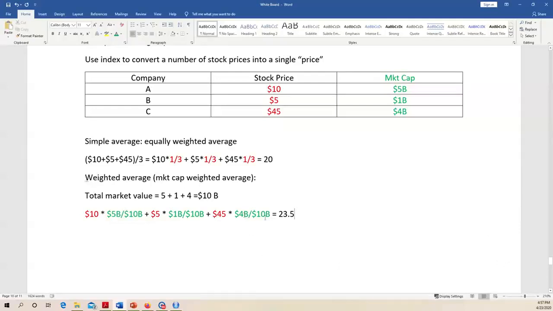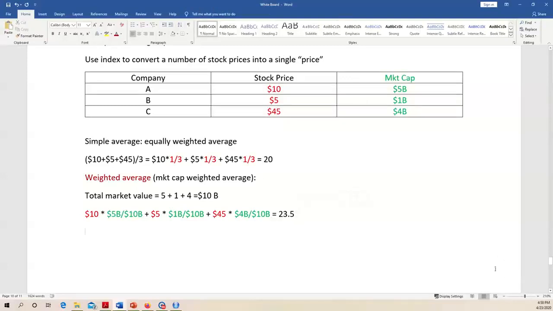So this weighted average approach is the fundamental approach used in the stock market to calculate the so-called stock market index. Here, I give you a very simple example. We use the weighted average approach to convert three prices into one single number, 23.5.